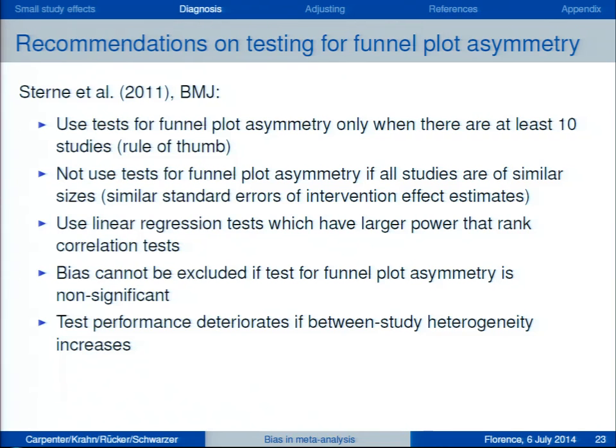And then, of course, because the power is low for all these tests, bias cannot be excluded if the test is not significant. And heterogeneity is always a problem. If you have large heterogeneity, you may not even expect the funnel plot to have a triangle form. So the test performance deteriorates greatly if the between-study heterogeneity increases.